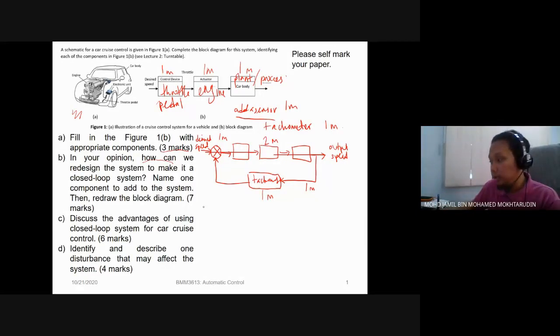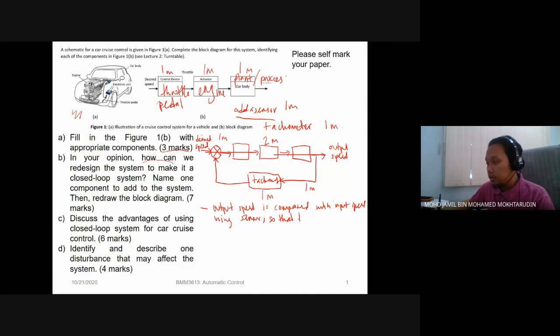So you can write here: the output speed is compared with the input speed using a sensor, so that the error can be measured and reduced by the controller.